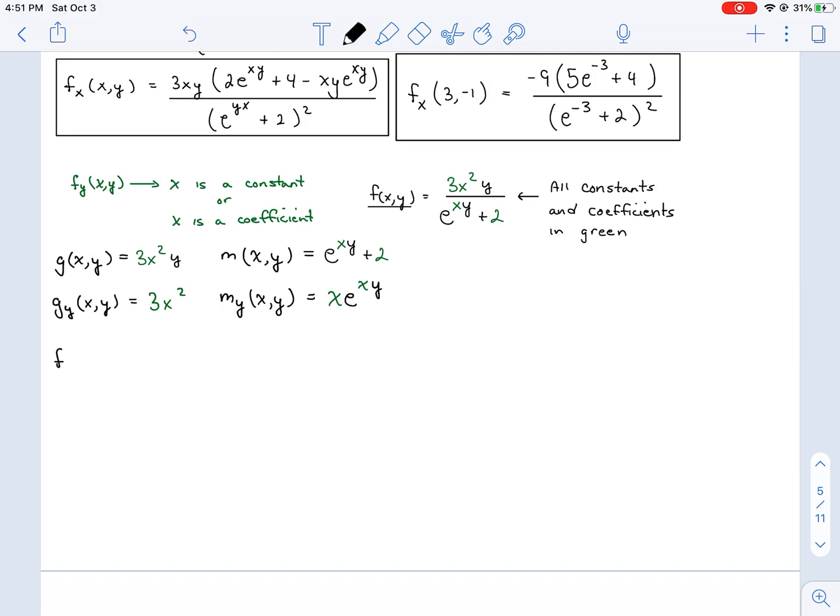So the partial derivative with respect to y of the entire function is the following.